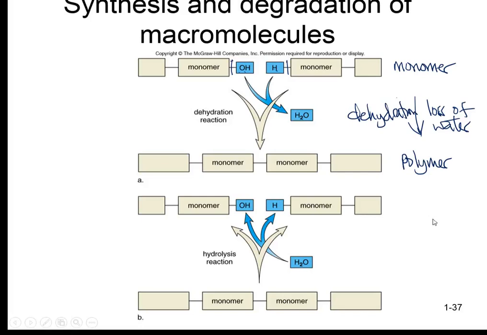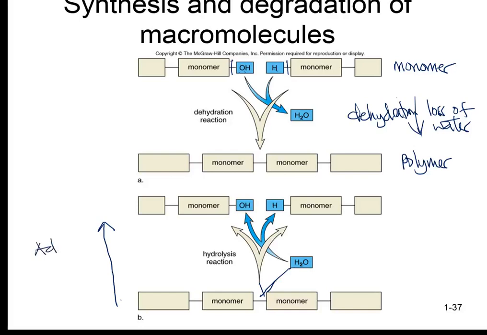Now, if we go the other way, if we go now up from polymer to monomer, then we need to add water. If you add water to this, so we are adding water here, we call it hydrolysis.